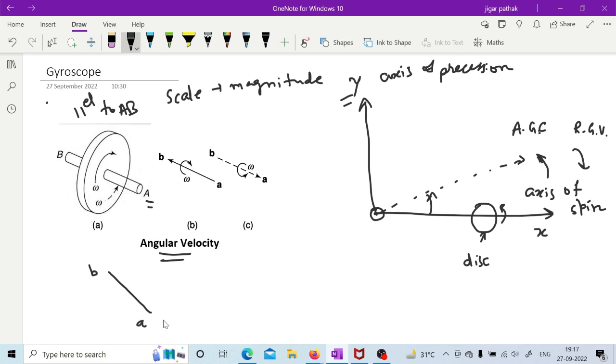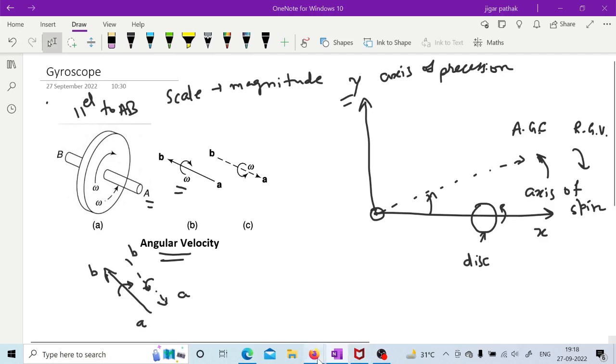Here from A, if you are rotating it clockwise, it will go away from A to B. Similarly, if you change the direction of rotation from clockwise to anti-clockwise, this direction will change from B to A. Magnitude is not going to change, but the direction of that arrow is going to change, and similarly here it will be anti-clockwise and here it will be clockwise. So this is how angular velocity is represented.